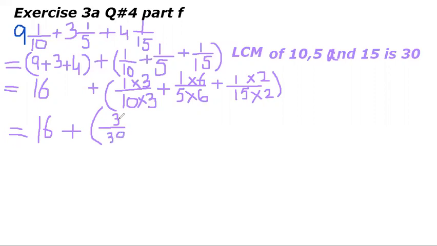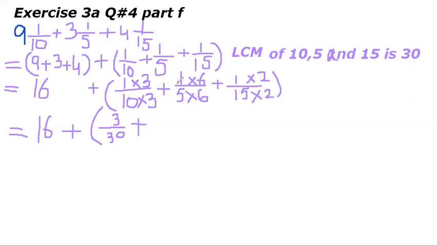Actually, what we have done is we have changed 1 by 10 into an equivalent fraction with denominator 30, that is 3 upon 30. 1 by 10 and 3 by 30 are equivalent fractions. The only difference is that one denominator is 10 and the other is 30.